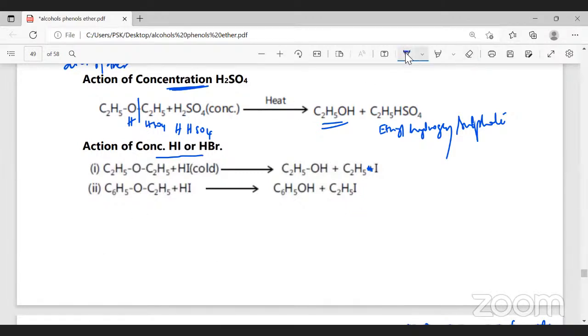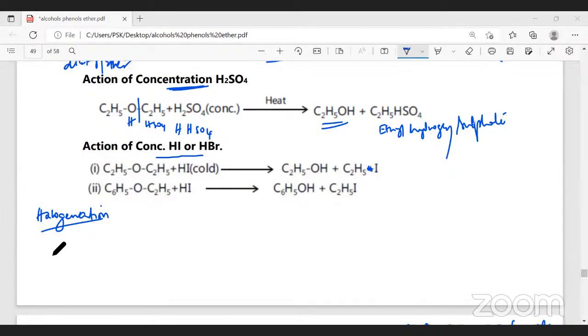Now, 3-4 reactions we will learn. Under that, the first reaction is halogenation. Ethers and halogenation. Pay attention to this. Students, are you there? Yes, sir. The first one is halogenation.